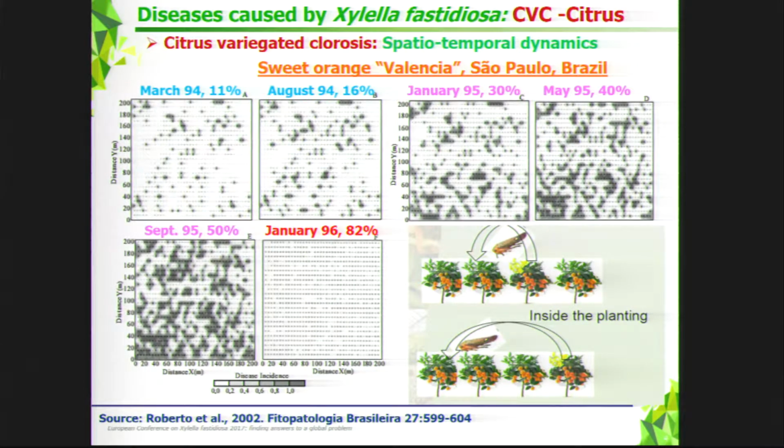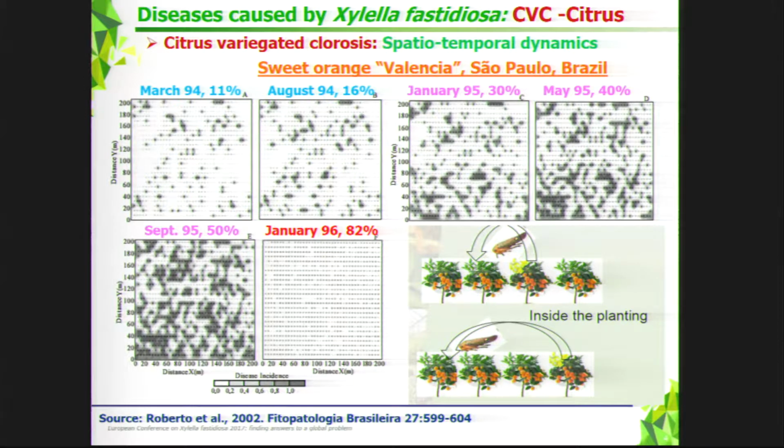The spatio-temporal dynamics of Xylella diseases have been addressed before in different pathosystems, particularly citrus variegated chlorosis in Brazil, basically by the group of Chico Laranjeira in different areas in Brazil.